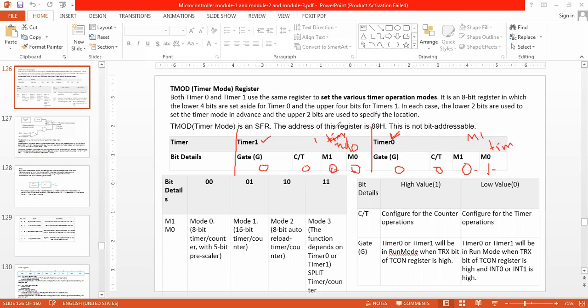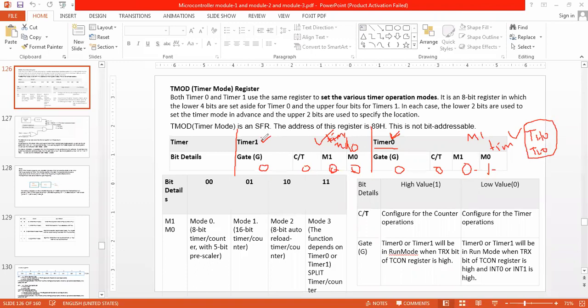Even this is also valid. This is also valid. But in the program, what are the registers I am using? I am using the registers of timer 0. I am loading the value into TH0 and TL0. So that is why these two are inactive. These two are in the active mode.